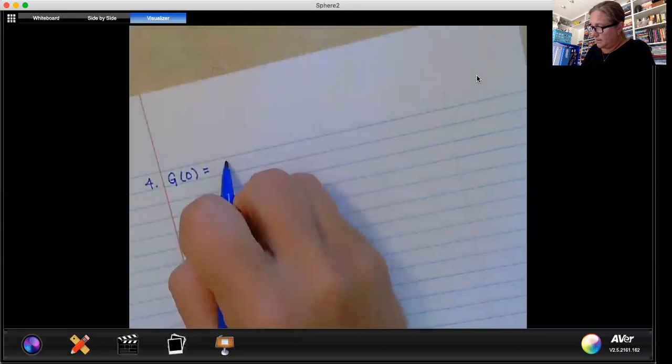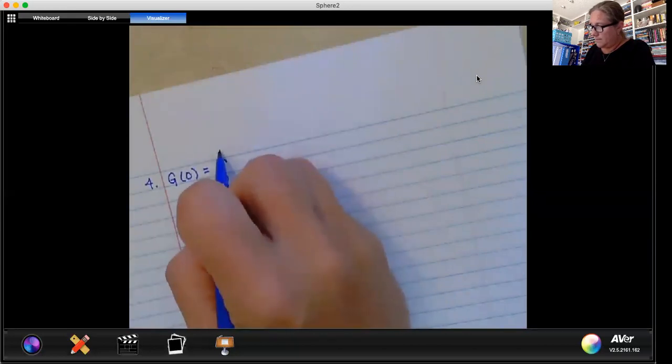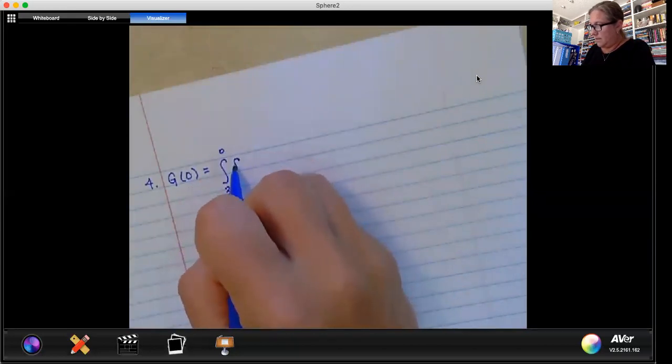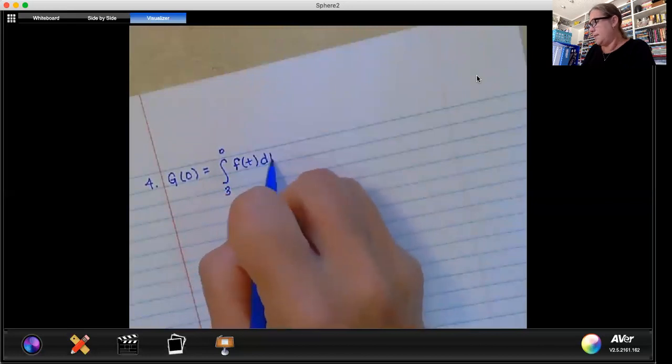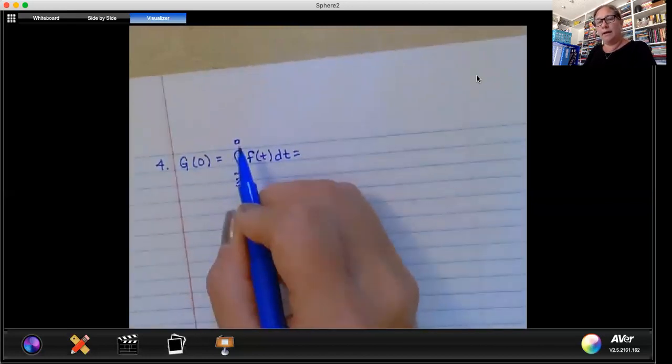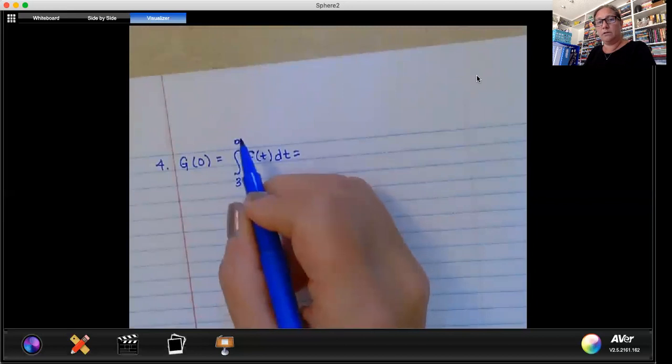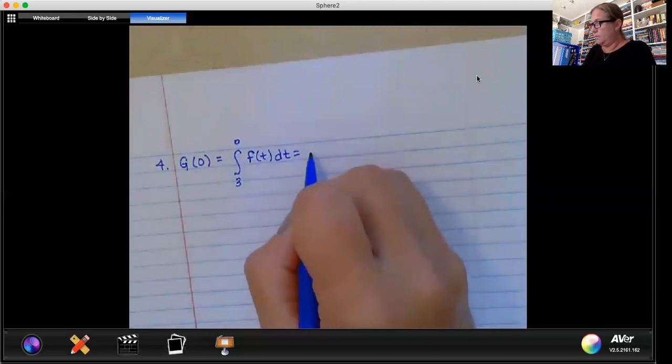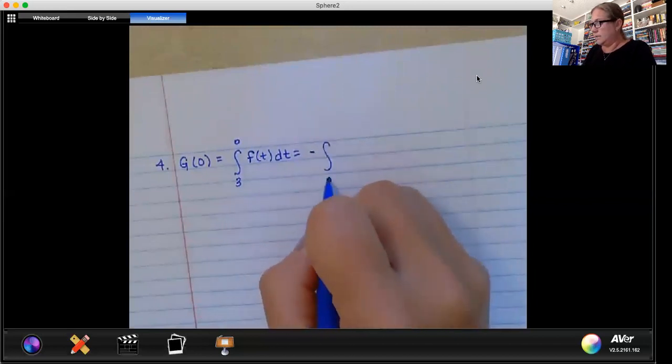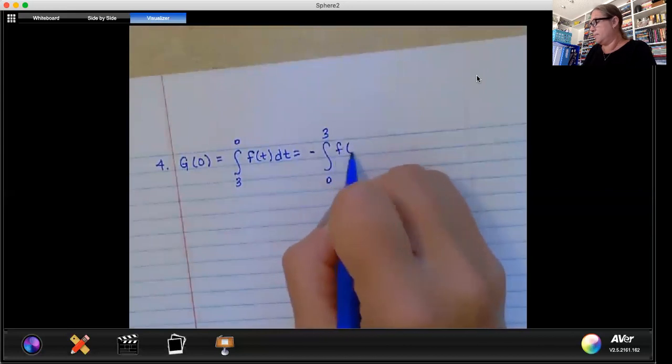So g of 0 is the integral from 3 to 0 of f of t dt. Now, when your upper and lower bounds are backwards, in other words, the smaller one is on top, you put a negative out front and you correct them.